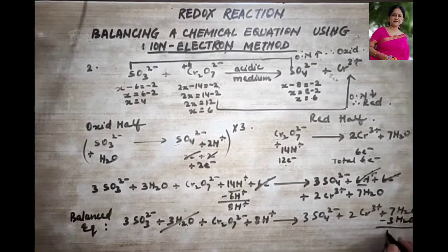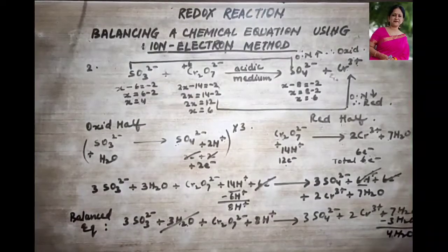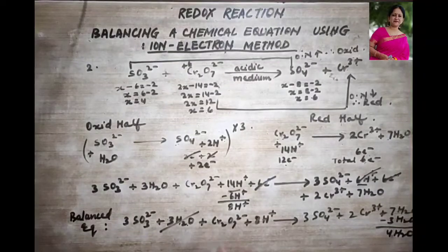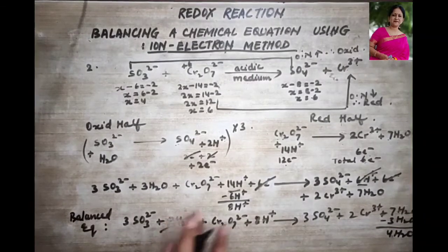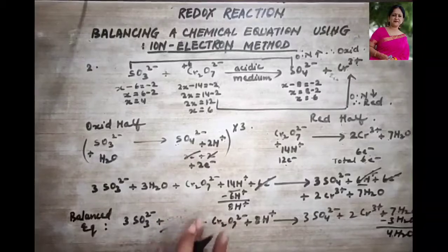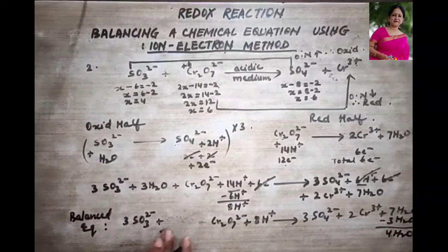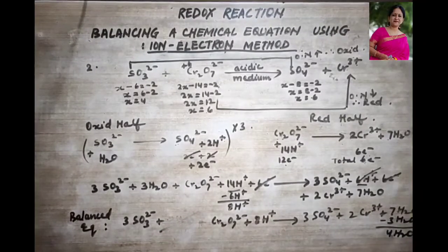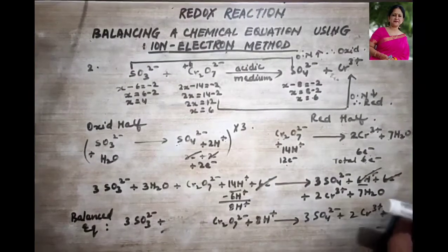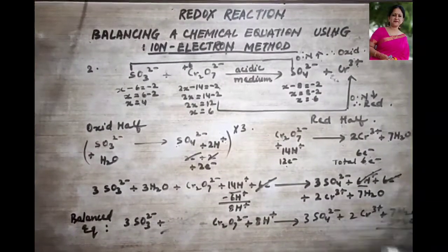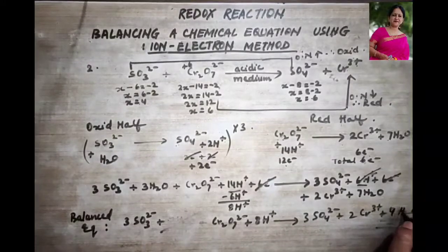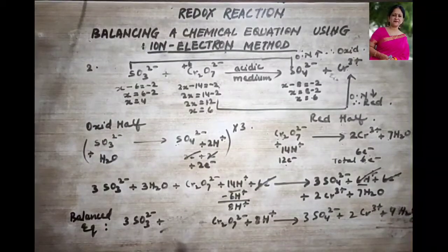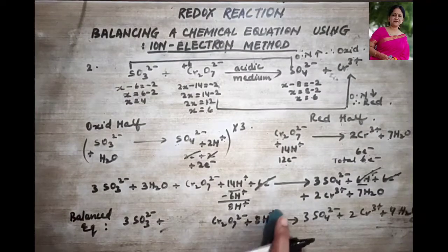So this gives us 4 water molecules. Clear? So now what will we do? We remove this water from here, and instead of 7 water here, now we are going to write 4 water molecules. So now this is also your balanced equation. Let me balance it properly.